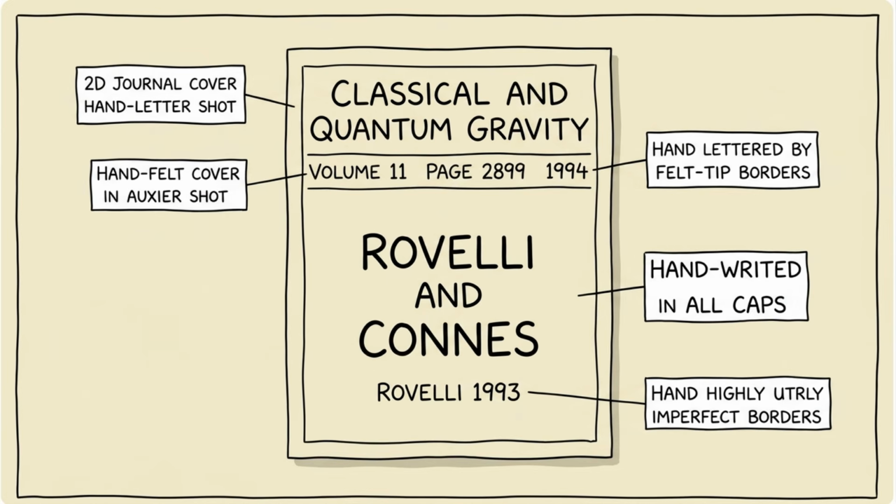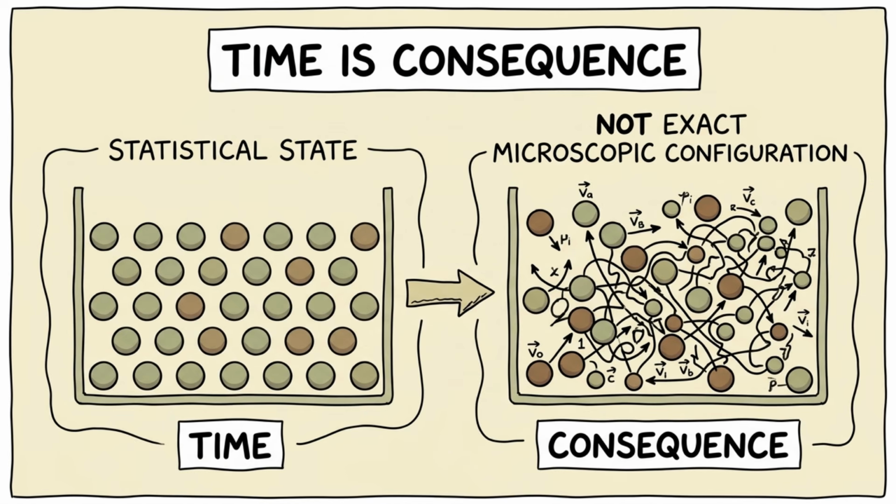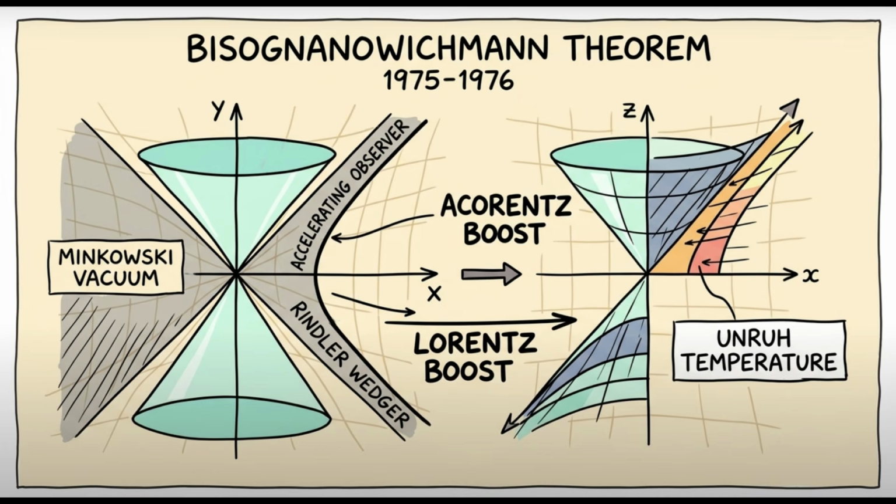Rovelli and Connes published this in Classical and Quantum Gravity, Volume 11, page 2899, in 1994, following Rovelli's own paper from 1993. Time, on this account, is a consequence of describing a system by a statistical state rather than by its exact microscopic configuration. There is one case where the answer can be checked against known physics.